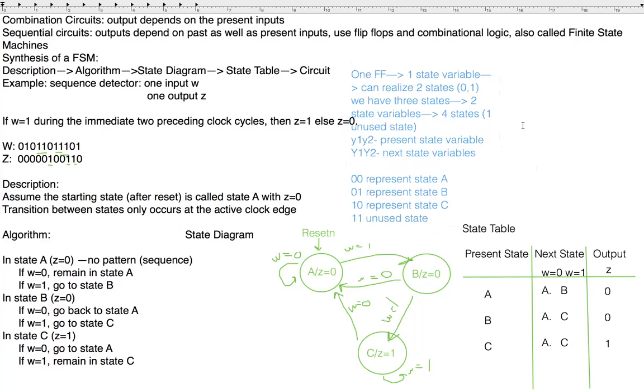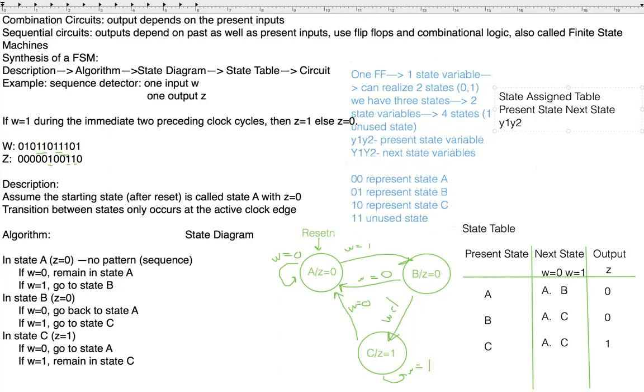So for my state assigned table, we can put it here. Okay, we're going to have our present state. And remember for that, that's y1, y2. We're going to have our next state, which is the capital Y1, Y2.